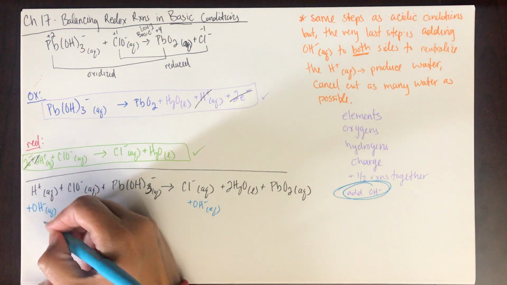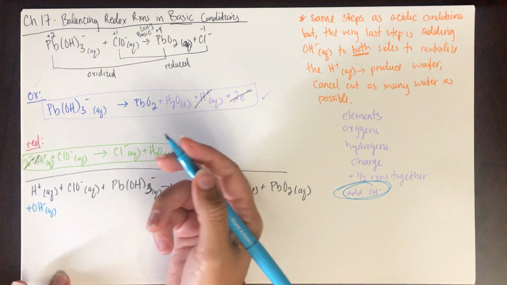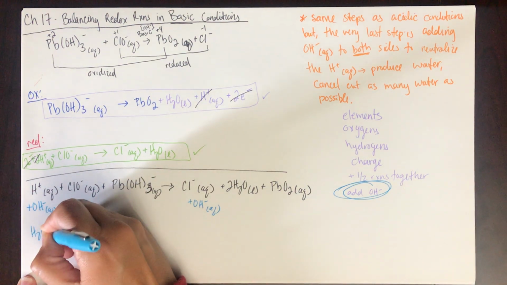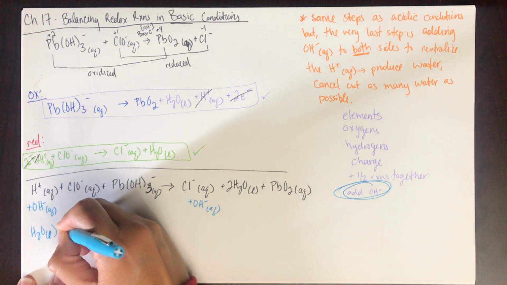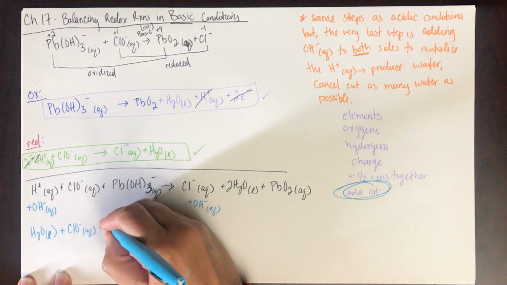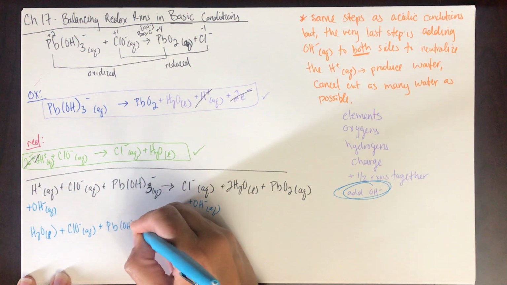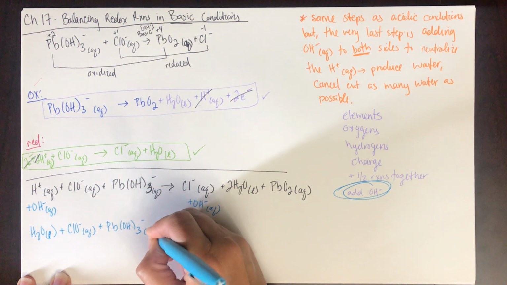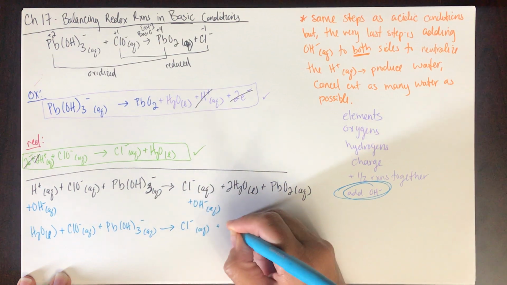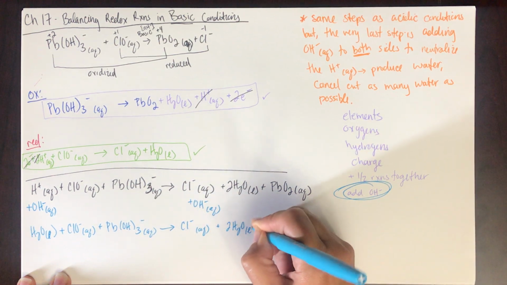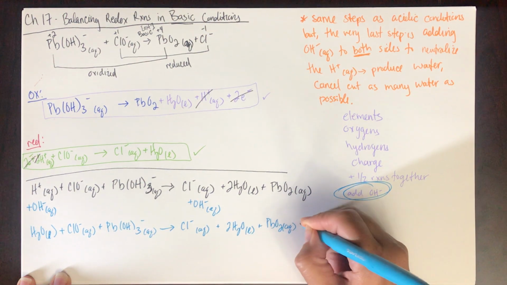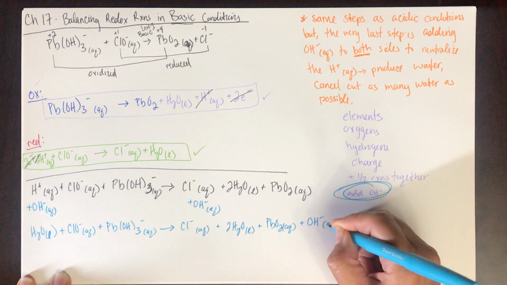When we add the hydroxide here, hydrogen plus hydroxide equals water. So I'm just going to write it out: 1 water, liquid, plus the hypochlorite ion plus the plumbite ion gives me the chloride ion plus 2 water plus lead oxide plus the hydroxide ion.